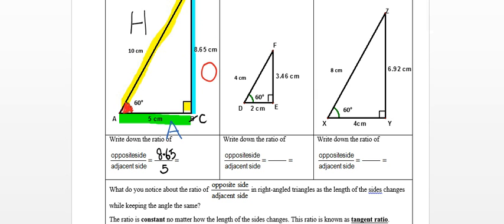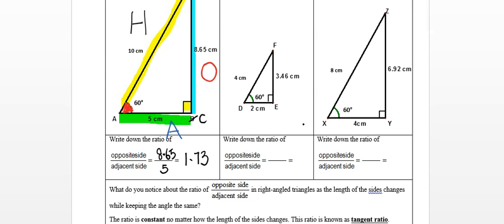Calculating this value, we get a value of 1.73. Let's remember this value, 1.73.